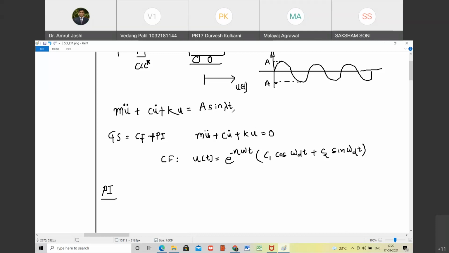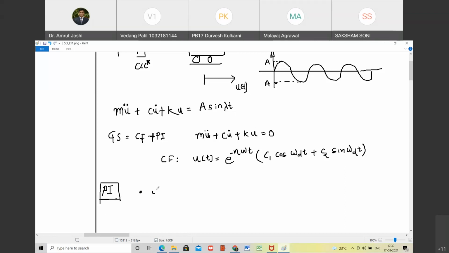So let us take a few trials. This is a very crude method of finding the particular integral, but I am going to do that because we are not going to dwell upon robust mathematics here. We have to solve this problem one time, and then give it to physics, physical interpretations.